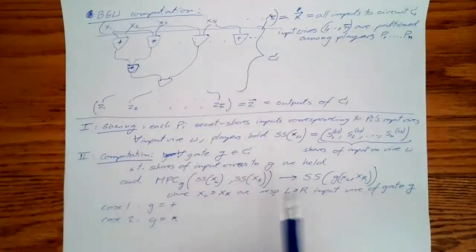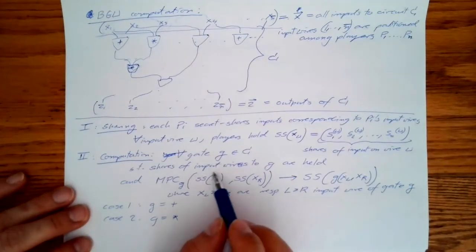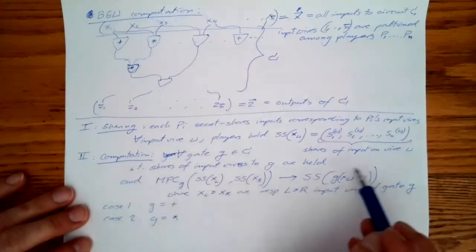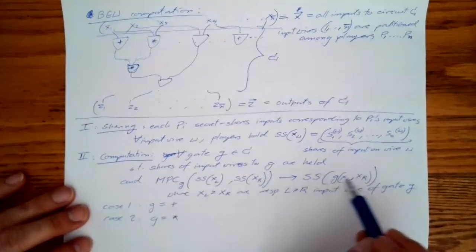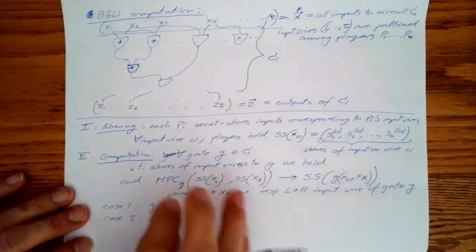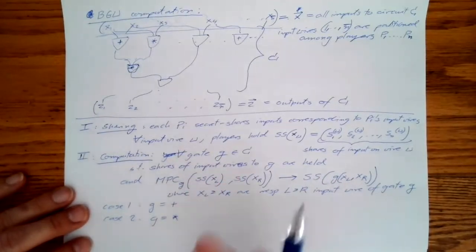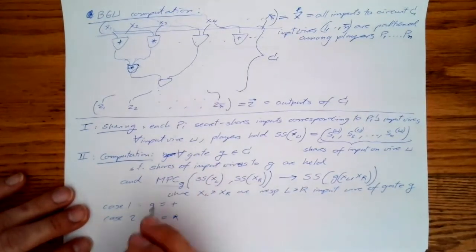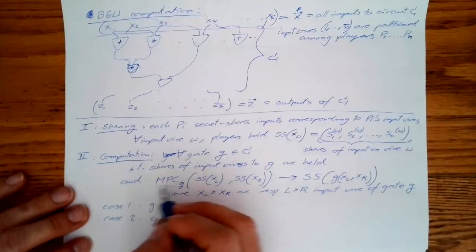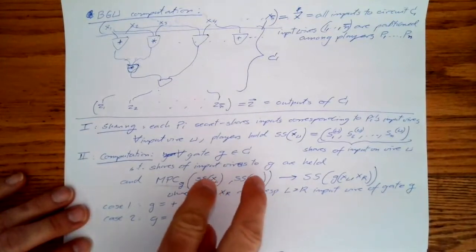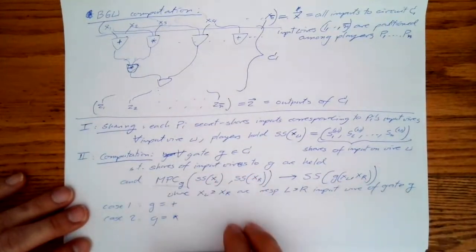Which would here mean that whichever subset of these shares the bad guys hold is independent of XL, and likewise here it's independent of XR, and the shares of the output are also independent of the shared value G of XL, XR. So the inputs and outputs are independent of anything meaningful. And the MPC property means that whatever happens in the subprotocol is simulatable from these irrelevant inputs and irrelevant outputs.